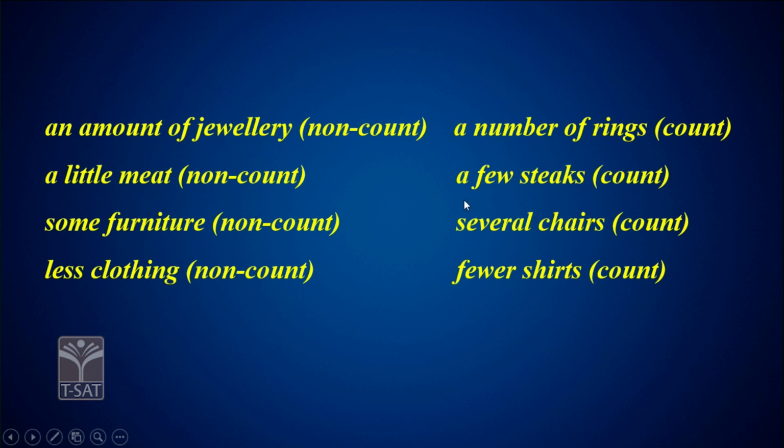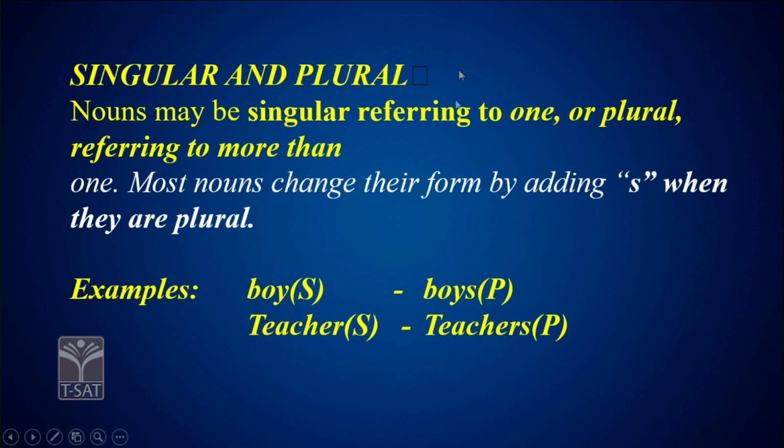A few steaks, countable. Some furniture, non-count. Several chairs, count. Less clothing, non-count. Few shirts, count, right? So, we will move on to the other aspect of nouns.